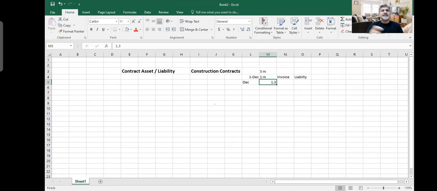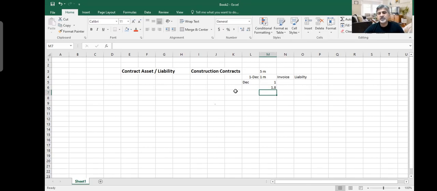It's not like every day I do something, I get money. Sometimes I receive money in advance and I am under obligation. Sometimes I have performed more work than what I have received money for. They gave me 1 million. I've already done work for 1.8 million. So now it is on their side. These are the normal situations which happen under construction contracts.